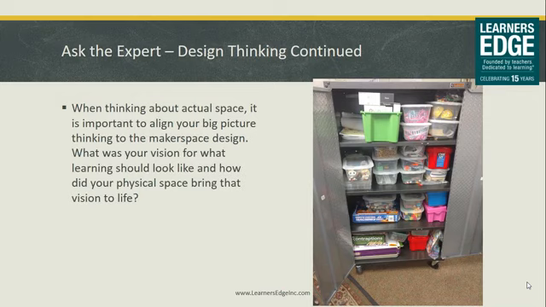A very key thing to consider, of course, is the safety of the space. You don't want cords stretched across the room that students could trip over, or materials that could be damaged in any way, shape, or form. So really think about safety of your space.